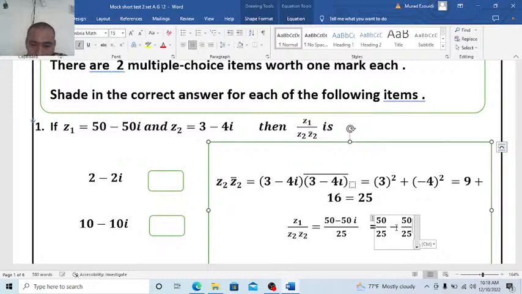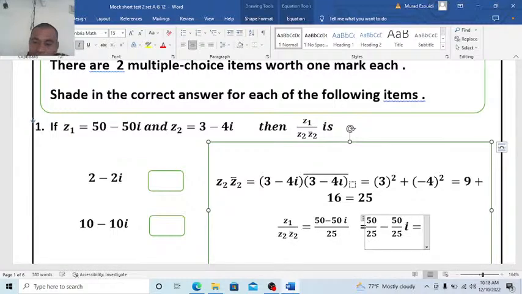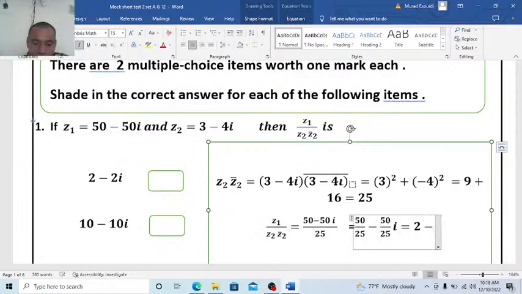You can see that 50 has two groups of 25, and 25 has only one group of 25, so this should be equal to 2 minus 2i.